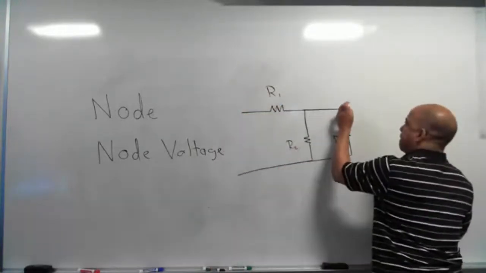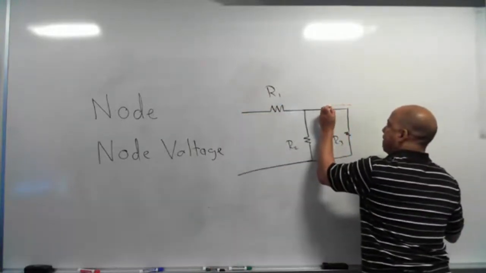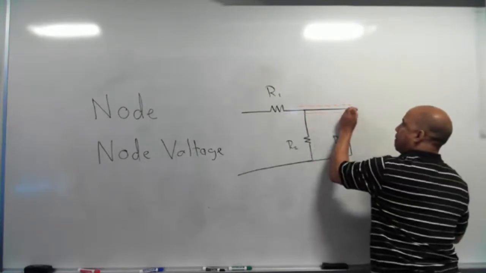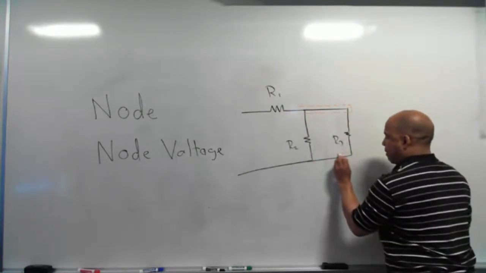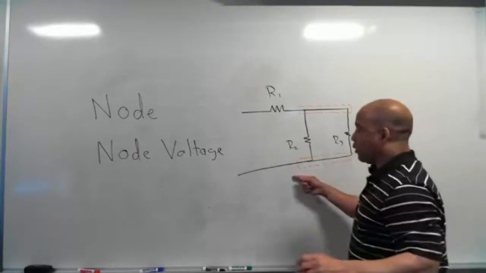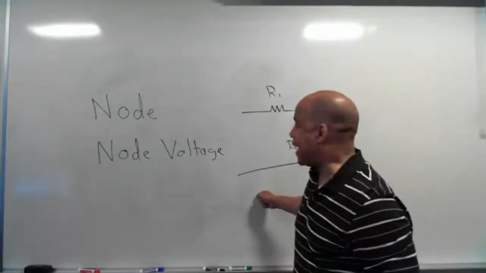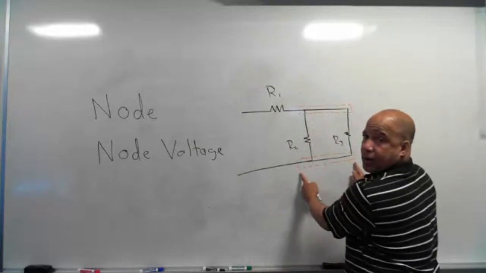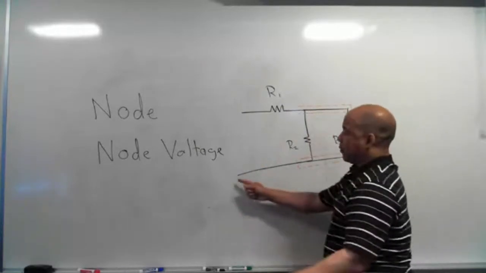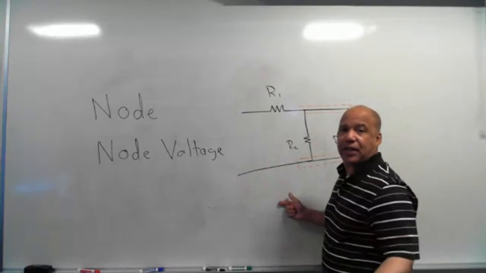Here's the node right here, and here's a node right here. The node on the bottom I stopped right here, but electrically it actually goes all the way over to here. As long as I don't hit a resistor, the node extends. I'm just not showing it.